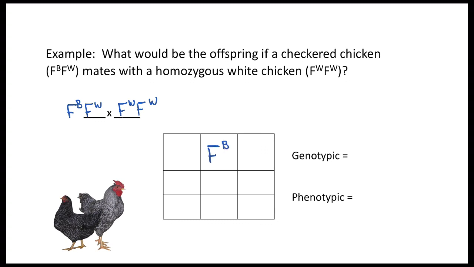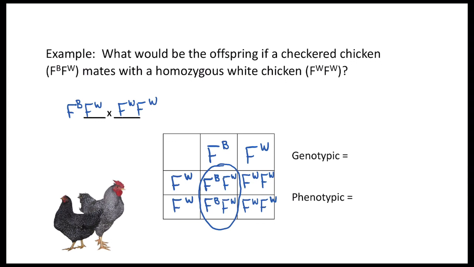So F^B F^W is one parent, and F^W F^W is our second parent. So we get the F^B allele from this parent and the F^W from the second, F^B from the first parent, F^W from the second. Both parents here contribute F^W. So we've got a homozygous and another homozygous.